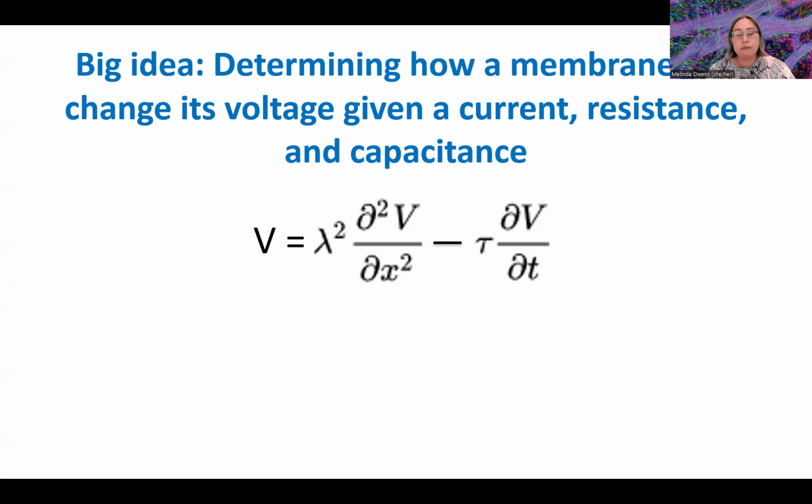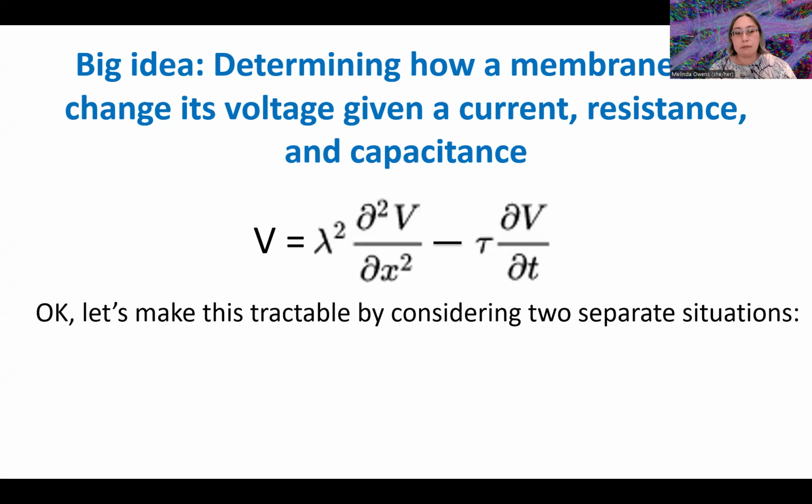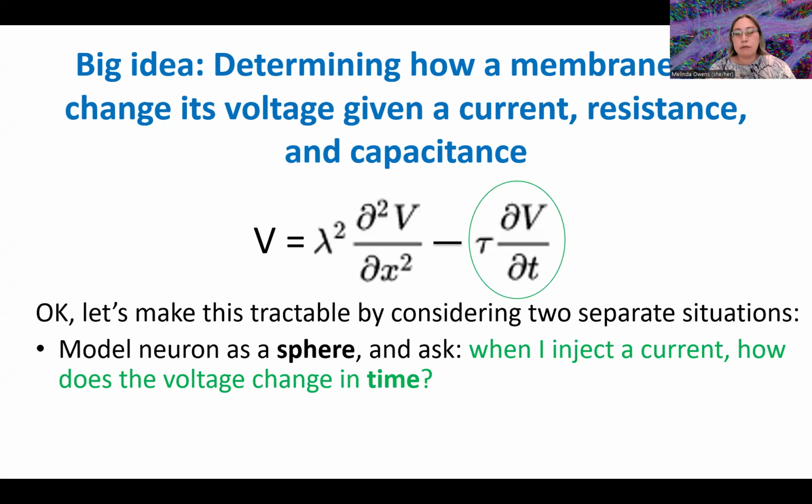And so this one, it's in two parts, and we can split them apart and deal with the distance aspect versus the time aspect separately. This latter half is about time because we got that T there. Basically, we can pretend the neuron is a sphere and ask, when I inject a current, how does the voltage change over time?